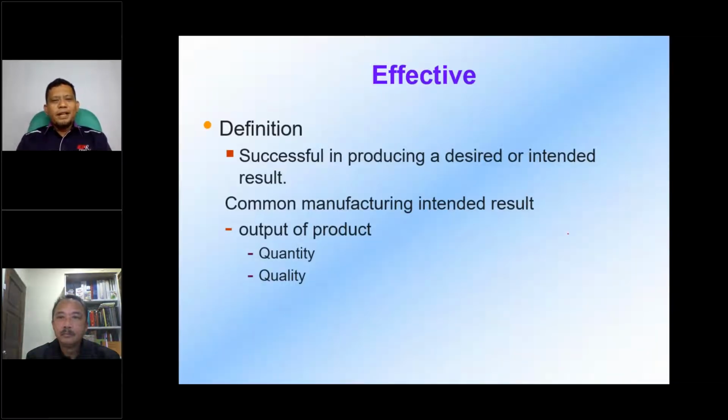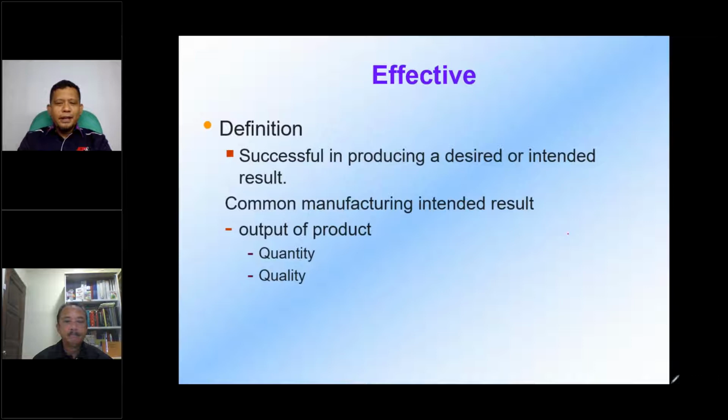But all these industries have almost a common problem. They measure in terms of effectiveness, where the definition of effective is successful in producing a desired or intended result. Common in chemical industry, when I audit these organizations, when they measure efficiency, they measure based on their daily output or daily capacity.